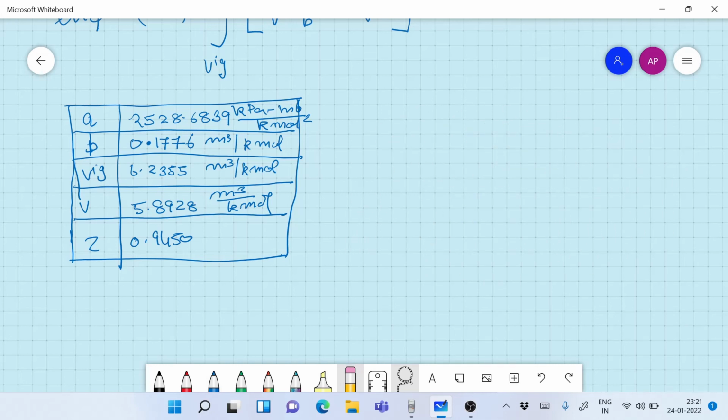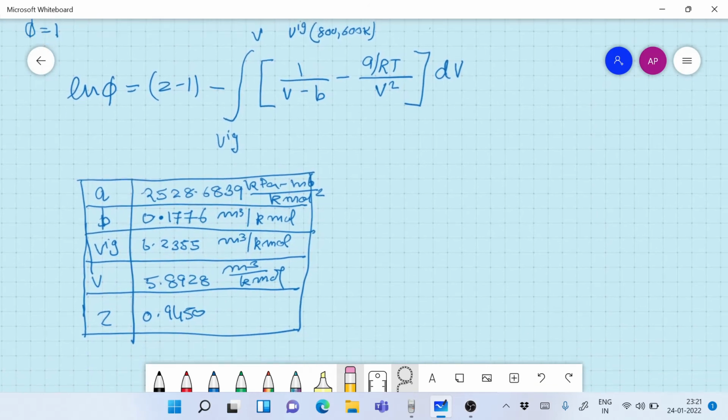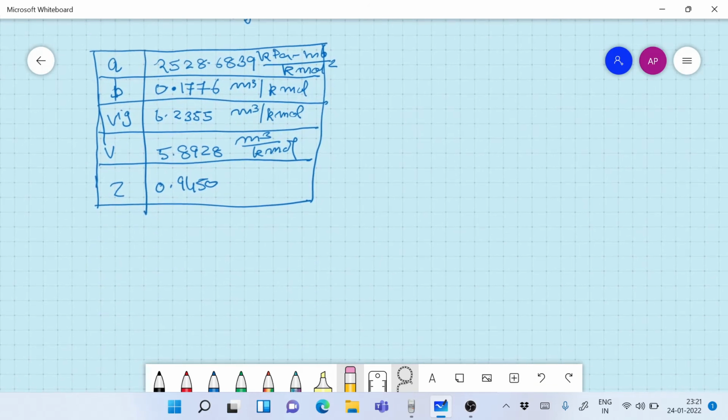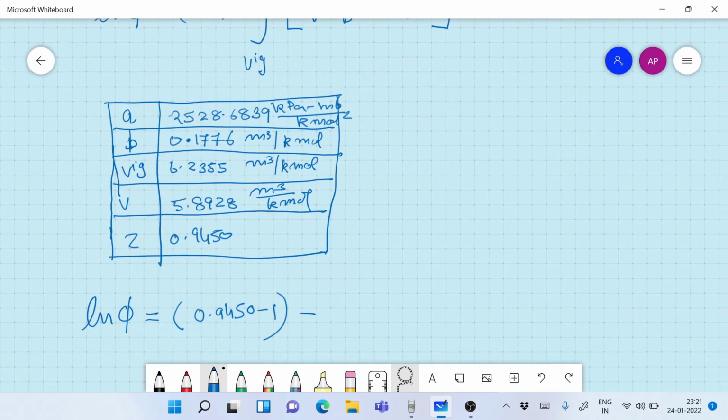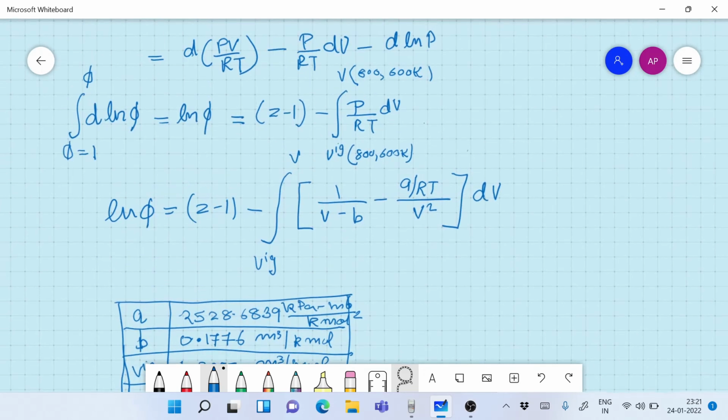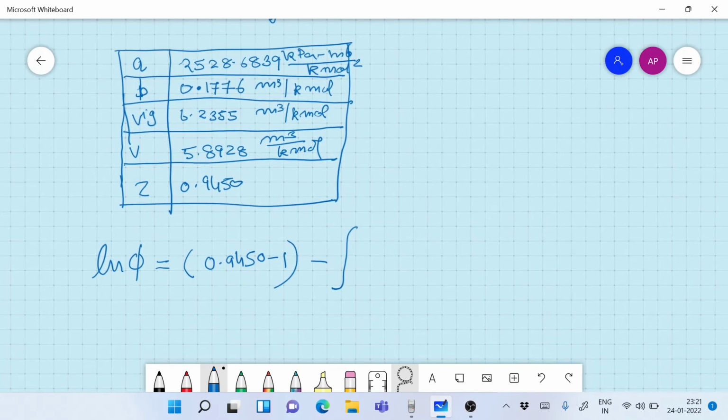So let's get ahead with our calculations. Now we are going to do a final calculation, that is ln phi is equal to z minus 1, that is 0.9450 minus 1. The second term is minus integral. We have all that we require for the integral, so let's do it.